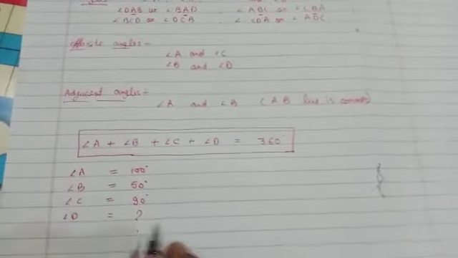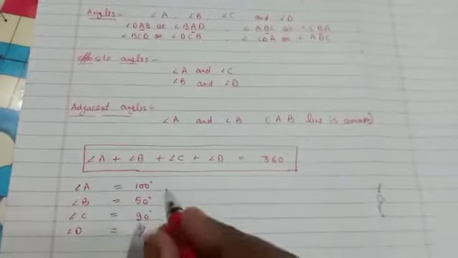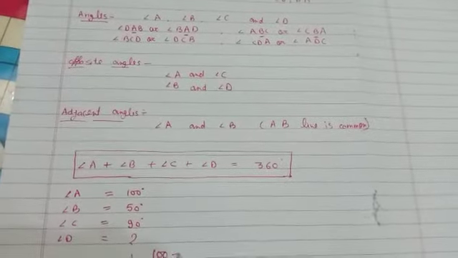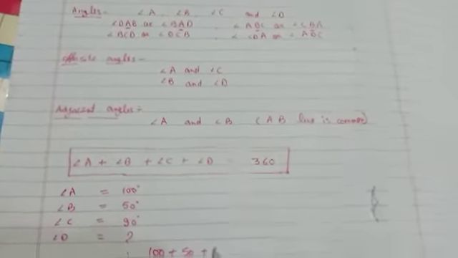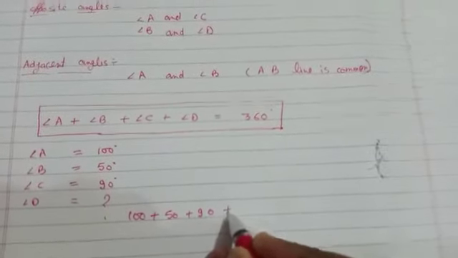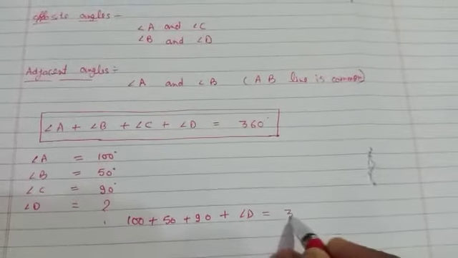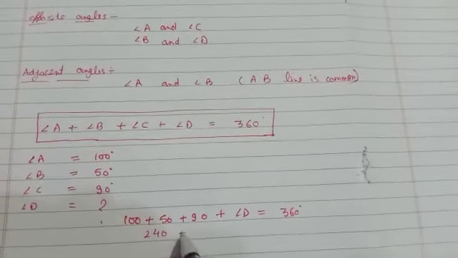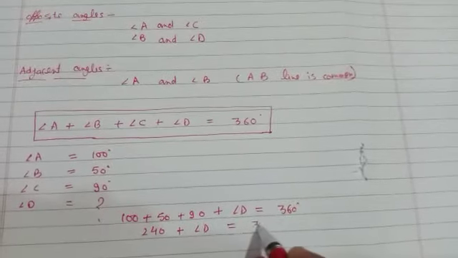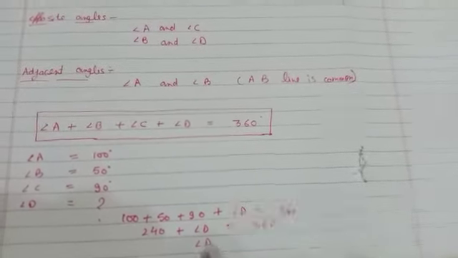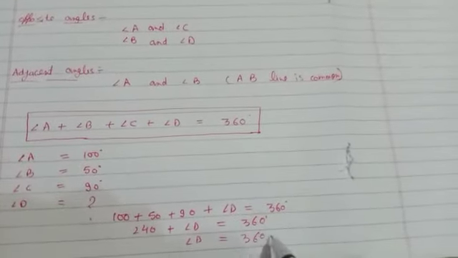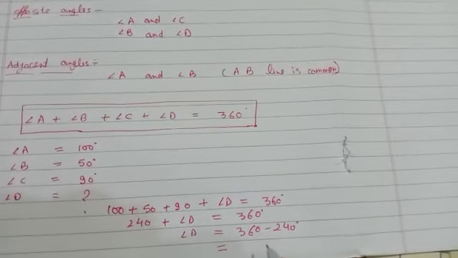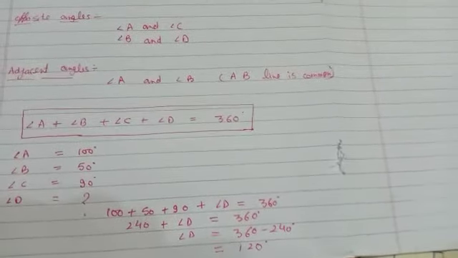So guess, what is the value of angle D? 100 plus 50 plus 90 plus angle D is equal to 360 degrees, 240 plus angle D is equal to 360, angle D is equal to 360 minus 240, that is equal to 120 degrees, right?